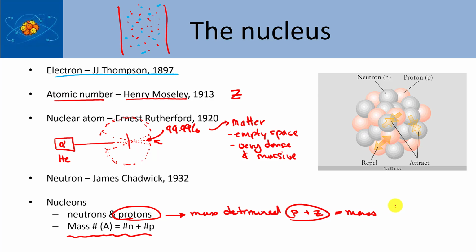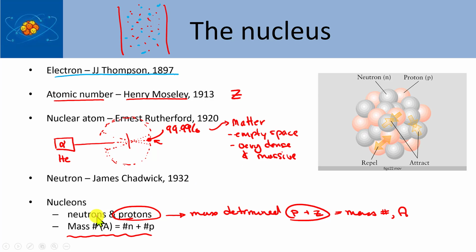It was known that the electrons had very little mass, and it's given this symbol A. So all the mass of an atom would be constituted of the protons and the neutrons, and all the mass of the nucleus was protons and neutrons. Electrons were believed to be on the outside of the nucleus.